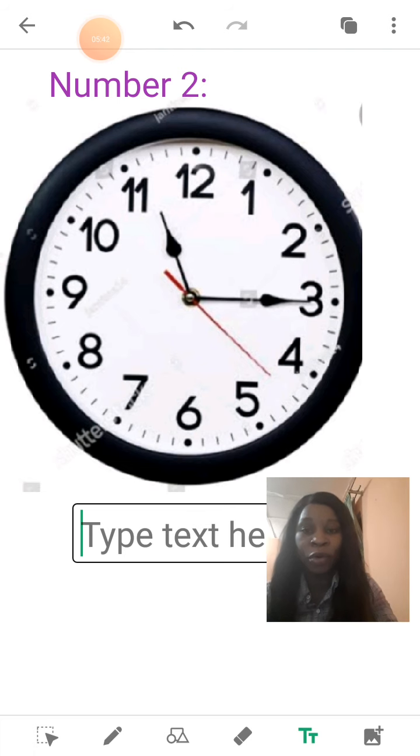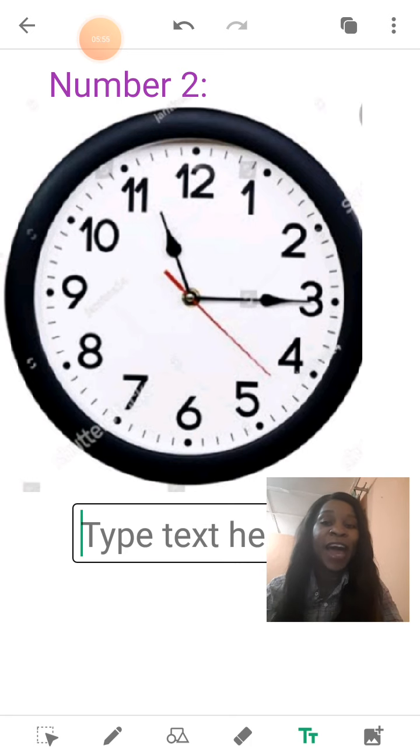Unlike the analog, when it's on the two axes, you pick the next number. But for the digital time, you pick the number the hour hand has just passed. Don't forget.